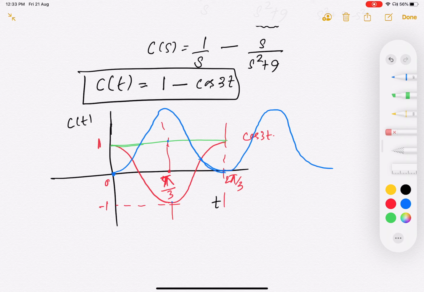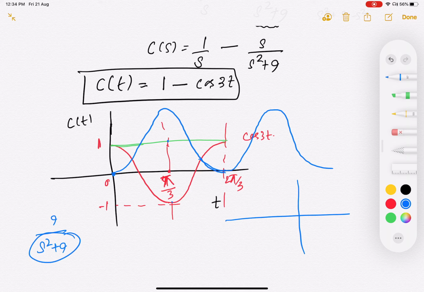It is continuous oscillations, right? So if I look at the system that I have, 9 by s square plus 9, and look at the poles for this system, s square plus 9 is equal to 0. I get s square is equal to minus 9, s is equal to plus minus 3j. So I have two poles, one at plus 3j and the other at minus 3j.